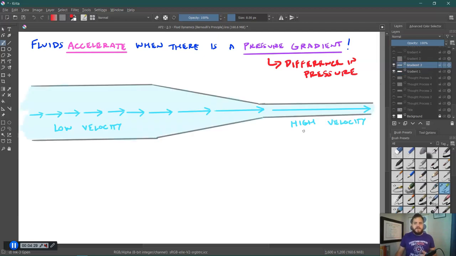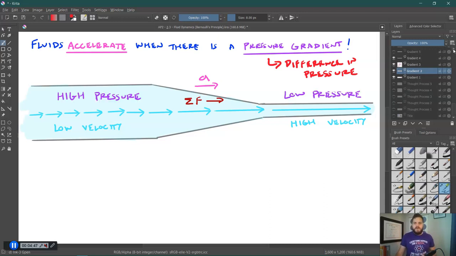So once again, looking at the situation we were just looking at, we have fluid that is going at a low speed and then it speeds up as the pipe narrows, and that tells us there must be a net force and an acceleration to the right, because for it to speed up, the velocity and the acceleration must be in the same direction. And that therefore tells us that we have higher pressure at the wider end of the pipe when it's moving slower, and lower pressure at the narrow end of the pipe when it's moving faster.